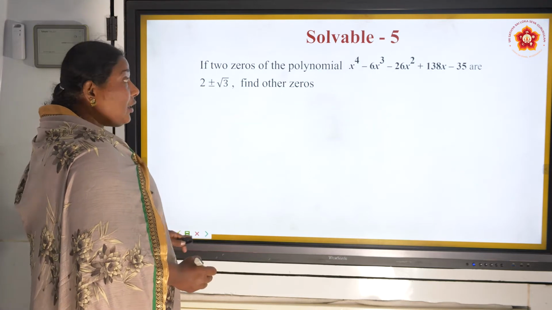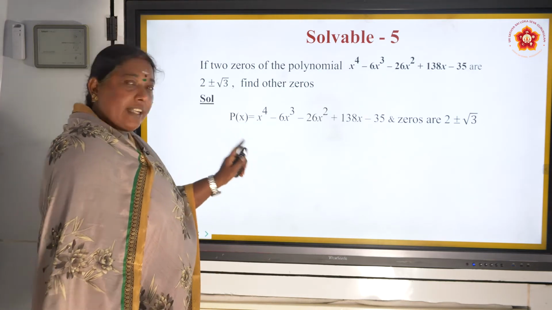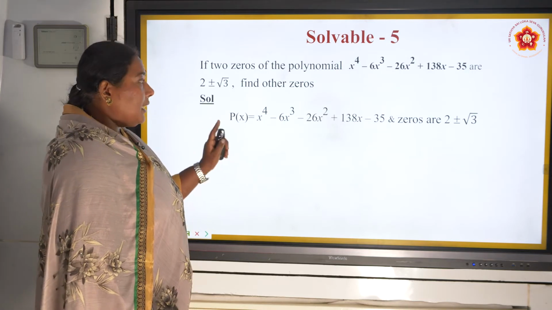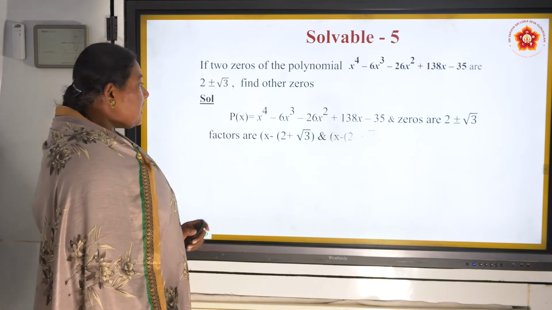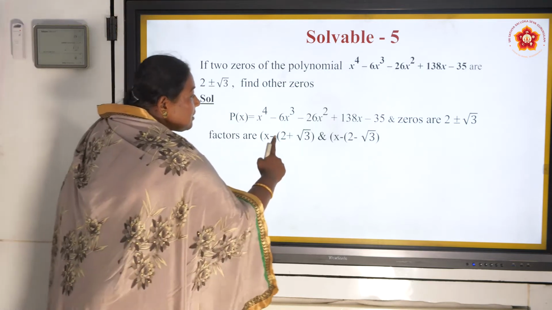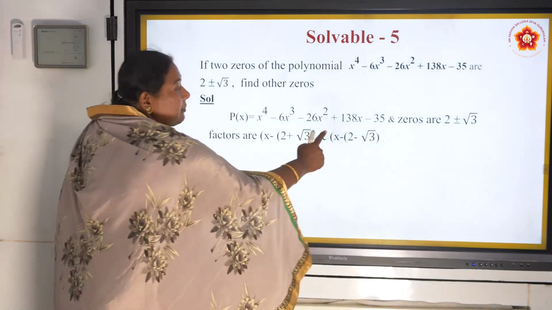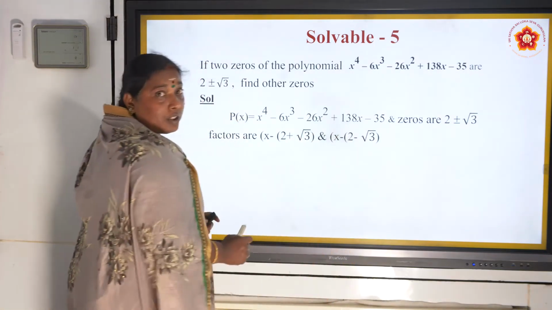So before that, first you have to write the given p of x. That is the first step. Next, the given zeros. Since they have given zeros, we have to write x minus of 2 plus root 3. Next, x minus 2 minus root 3.